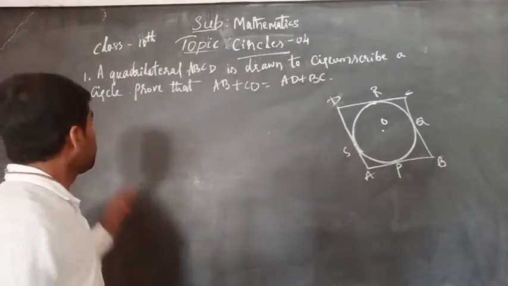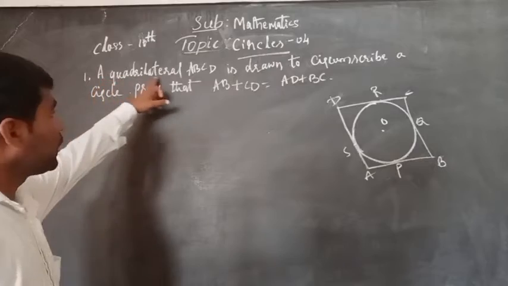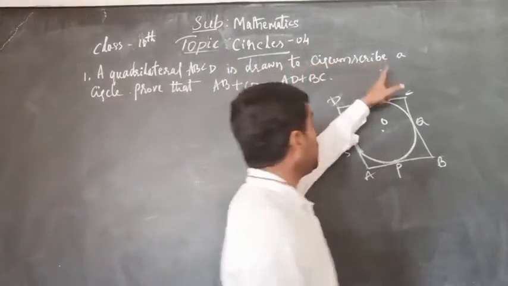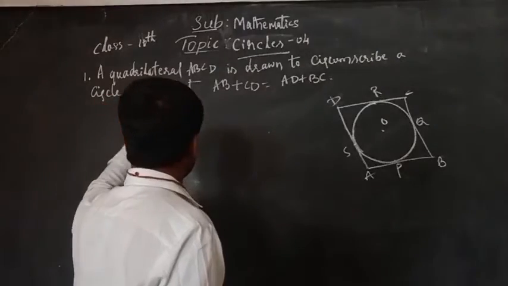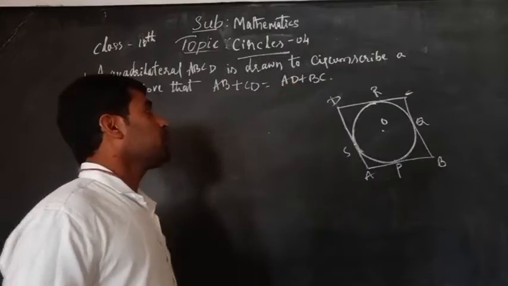The first one, the rider based on circles. A quadrilateral ABCD is drawn circumscribing a circle. Prove that AB plus CD is equal to AD plus BC.